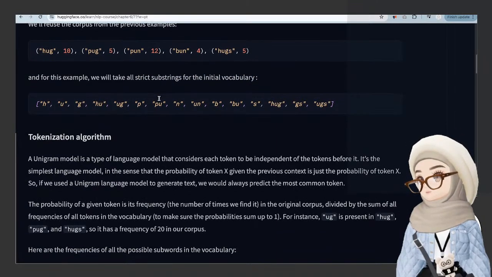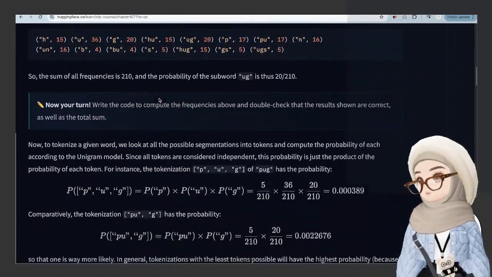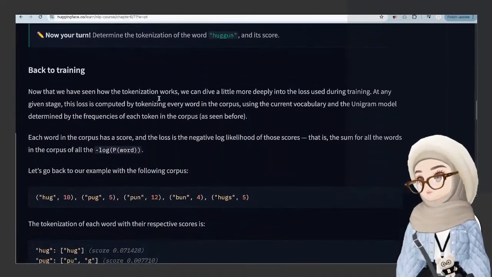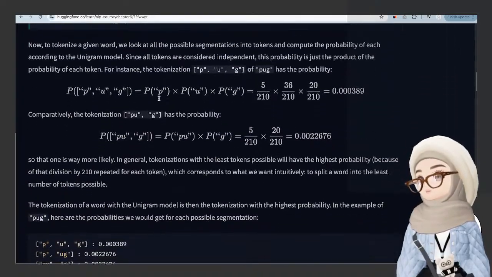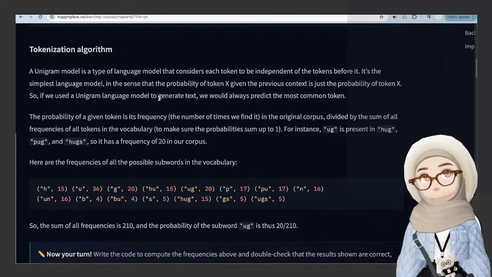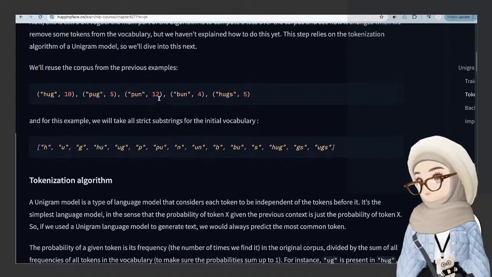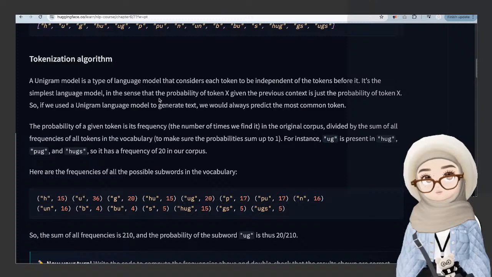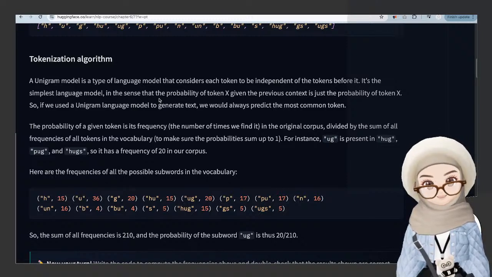Okay. We have the tokenization algorithm. My energy is draining by the second. I don't want to start it. Okay. They say if you leave something halfway, you have a better chance of coming back to it.